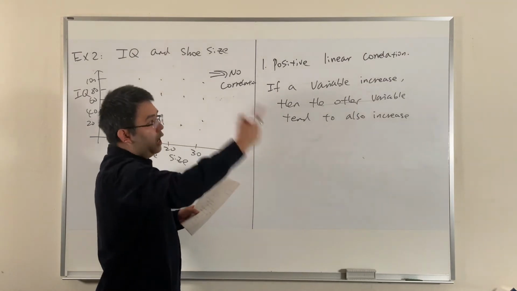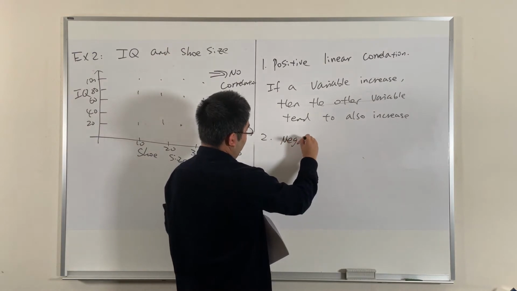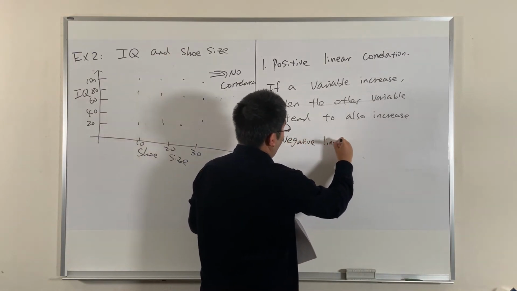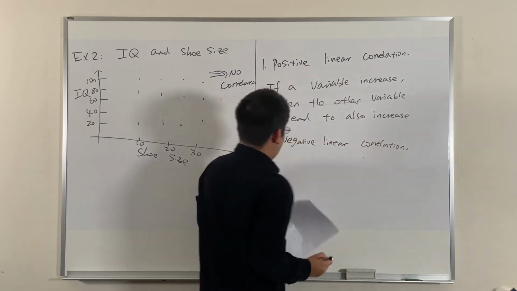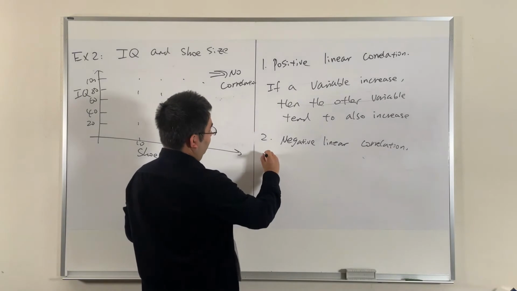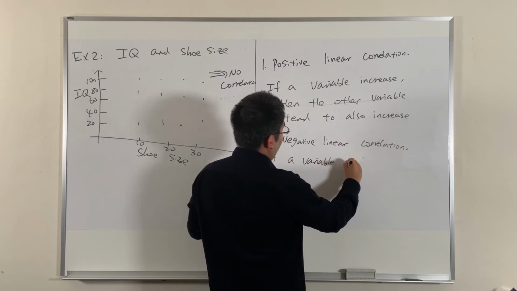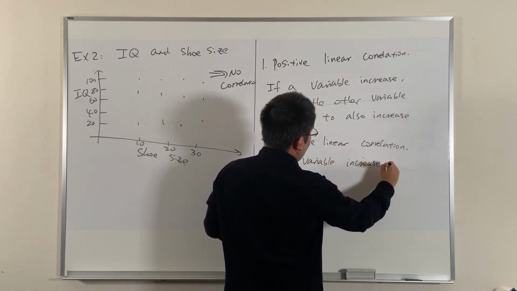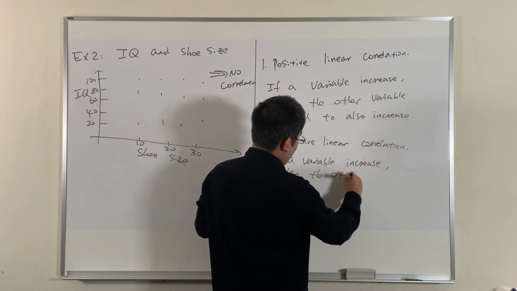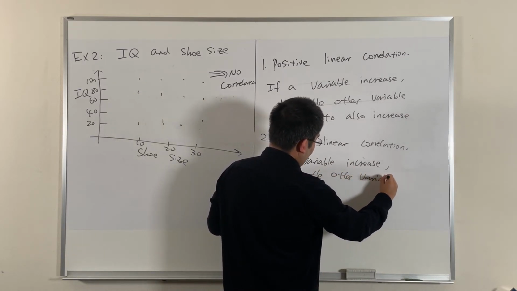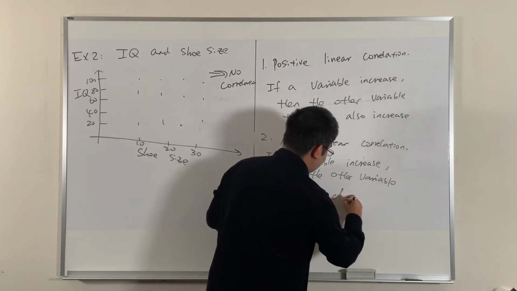And on the opposite is the negative linear correlation. If a variable increases, then the other variable tends to decrease.